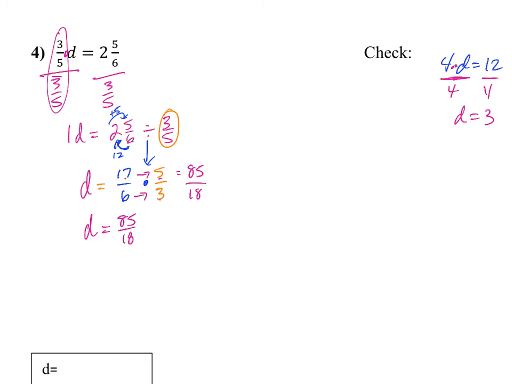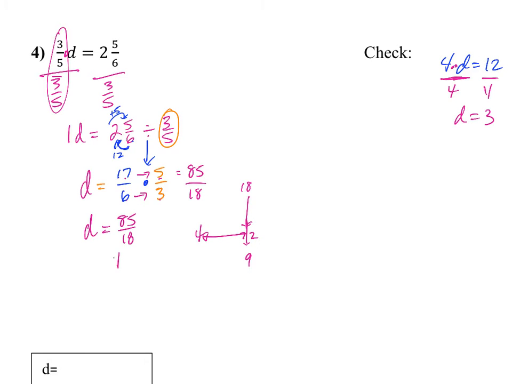If I look at that, 18, I go down the 18 column until I get to the number that's next to 85. When I look down that 18 column, I go between 72 and 90. That's where 85 is going to be. 72 is 4 times 18.